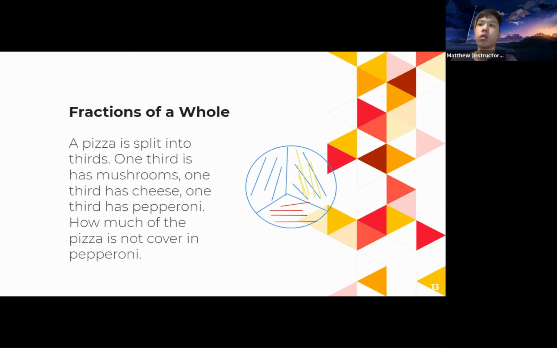So that would mean that no matter what, 1/3 plus 1/3 is 2/3. So the answer would be 2/3.